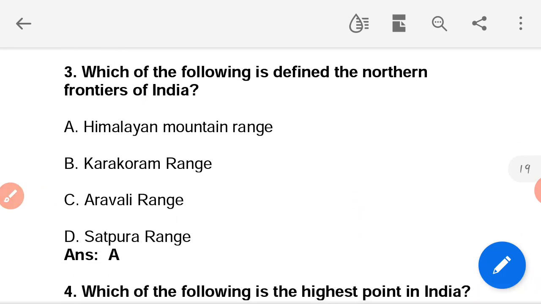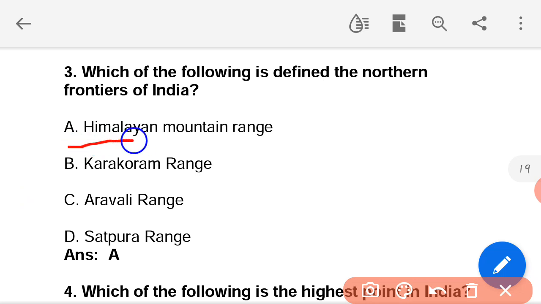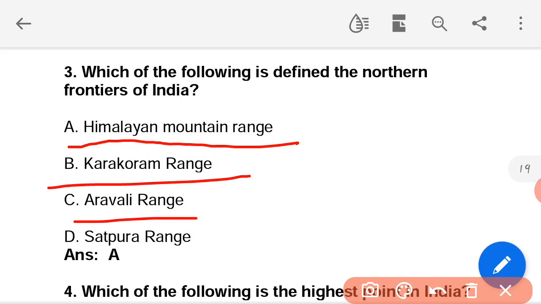Which of the following is defined as the northern frontier of India? Option A, Himalayan mountain range. Option B, Karakoram range. Option C, Aravalli range. Option D, Satpura range.